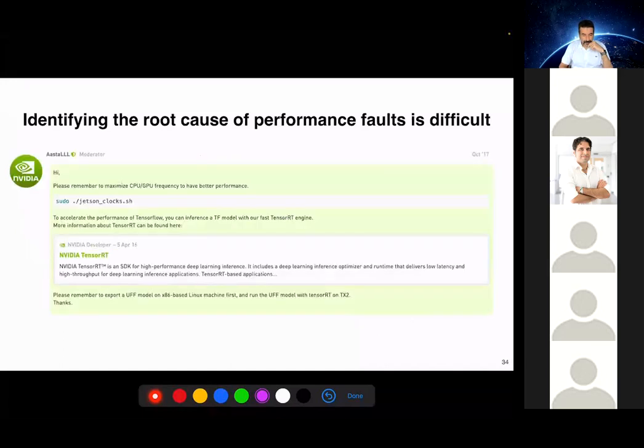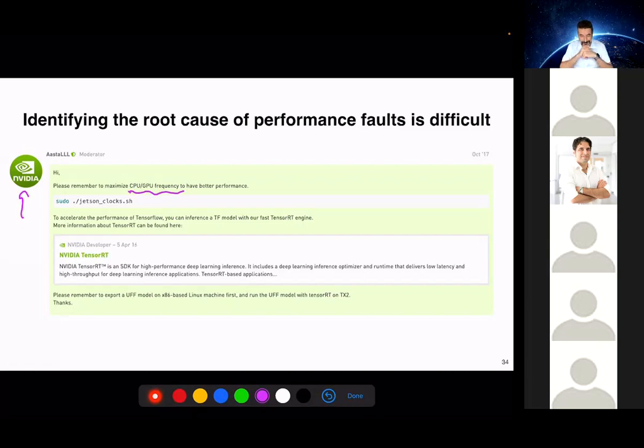And again, interestingly, they found out that the reason is related to configuration. Specifically, here it was the CPU GPU frequency that needed to be set. So that was the suggestion by NVIDIA, right?